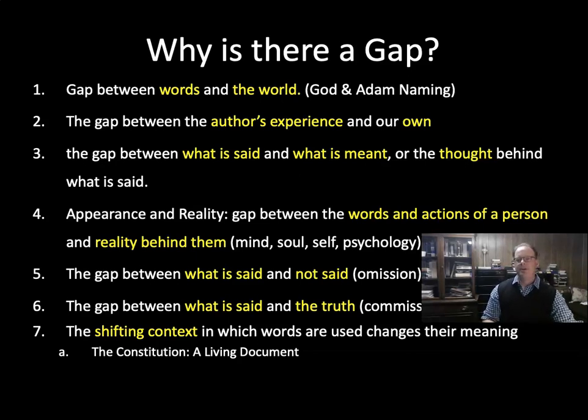So there's a gap between an author's experience and our own, right? Homer, and the Greeks who crafted that story, lived starting almost 3,000 years ago, and their lives, of course, were in many ways very different.